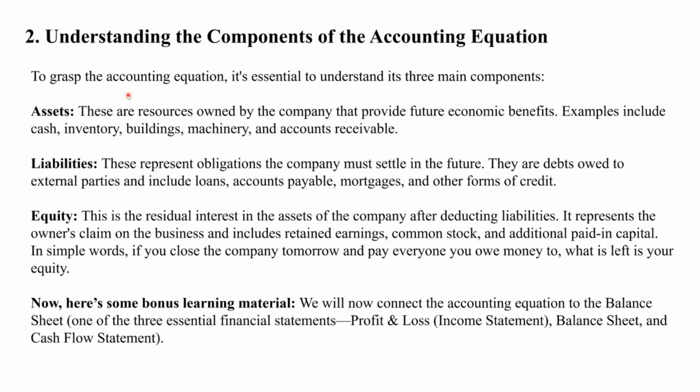But let's go one line at a time, right? For assets: resources owned by the company that provide future economic benefits, such as cash, inventory, buildings, machinery, accounts receivable. Accounts receivable, invoices you sent out that have not been paid yet, is also an asset. However, obviously, it's not immediately available to you.